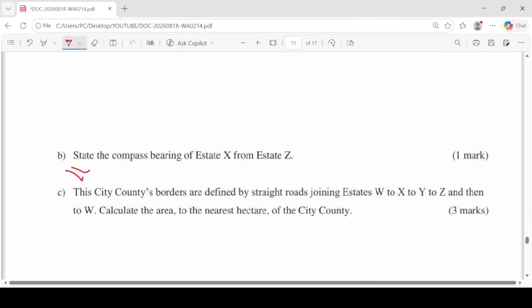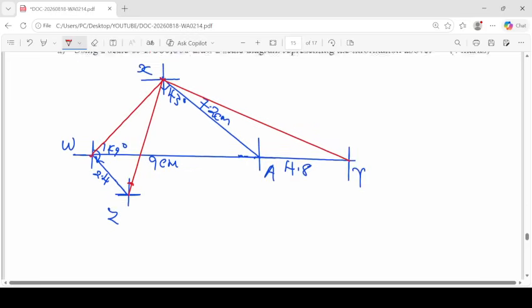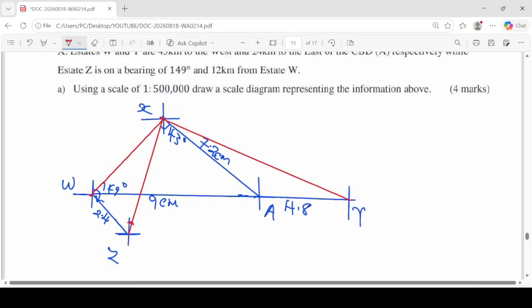W to X to Y to Z, then to W. Let's join from Y. Another border here is from Y now to W. Then from W back to Z. I hope you can now see the border.